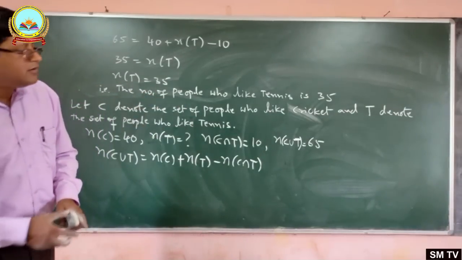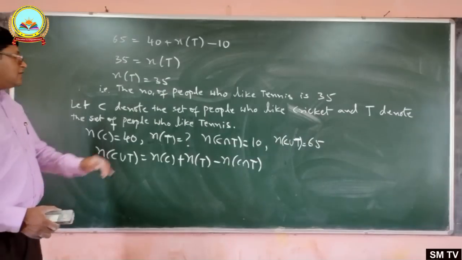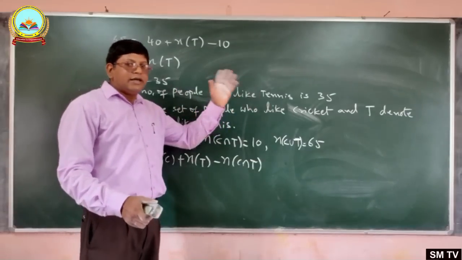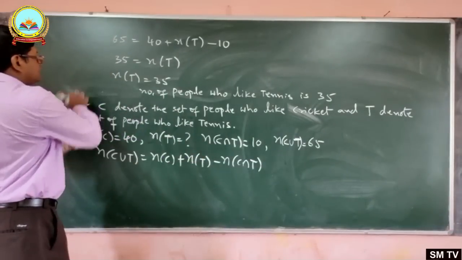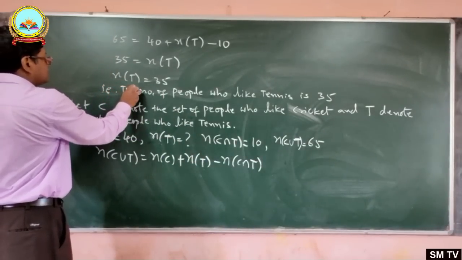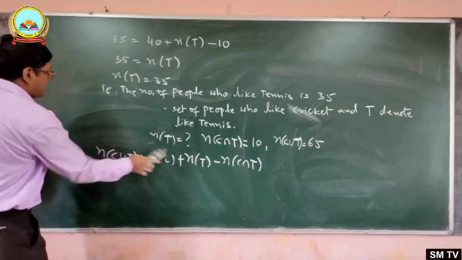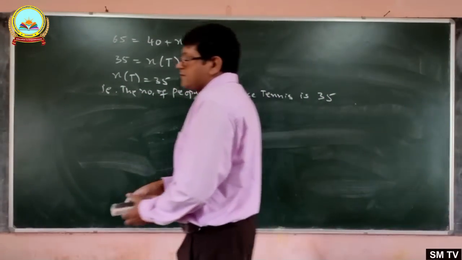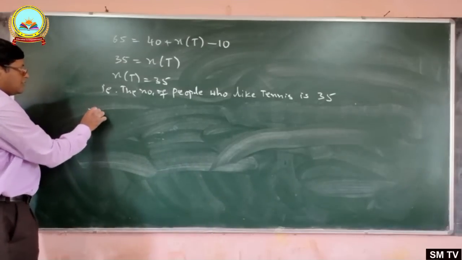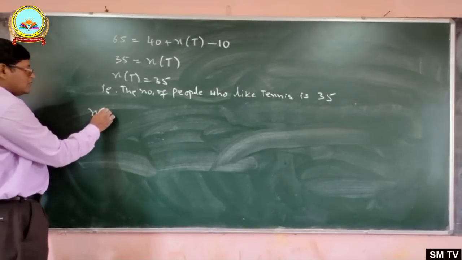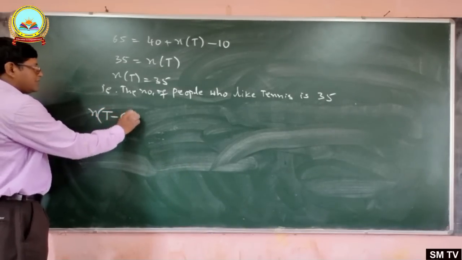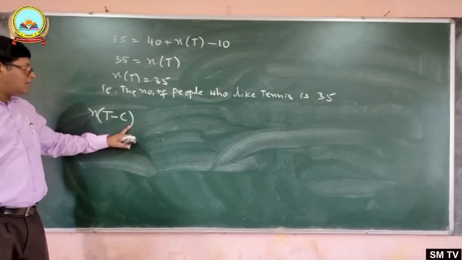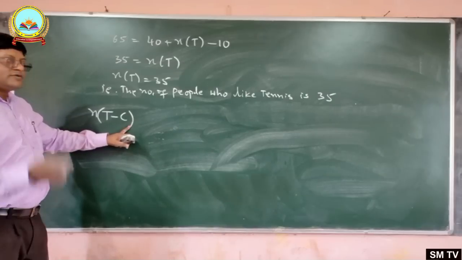Now we shall answer the first question. What is the first question? We had to find the number of people who like tennis but not cricket. So how do you write that? N of T minus C. So use result number 4.